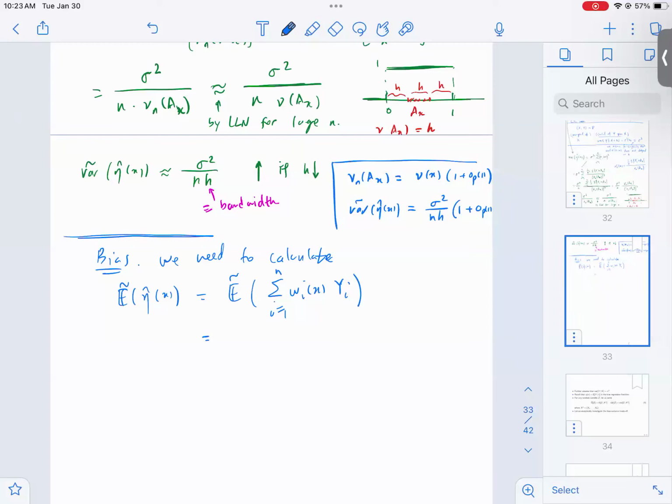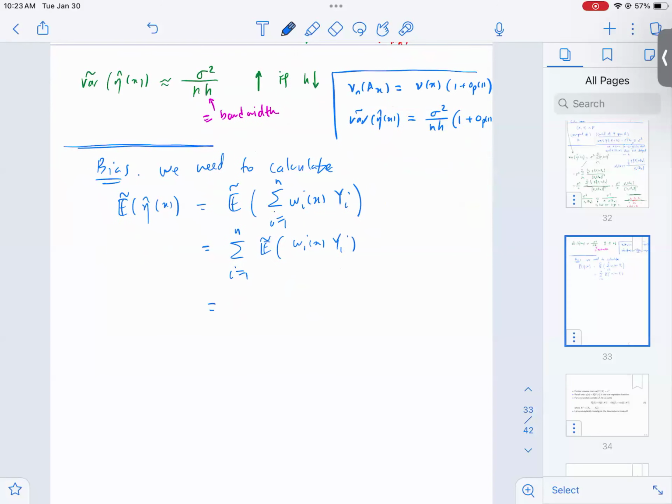Yes. Expectation is linear, so this always holds, and the expectation goes in. Here, I don't care about independence. And then the w_i's come out because they're also constant. So I get this times y_i. Under the hood, it's the expectation of y_i given the rest.